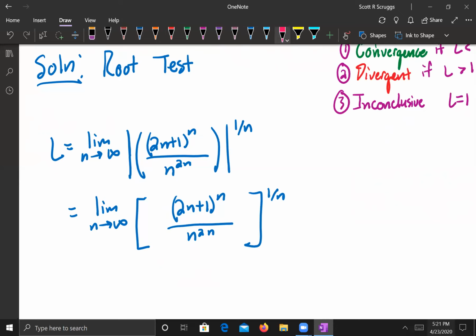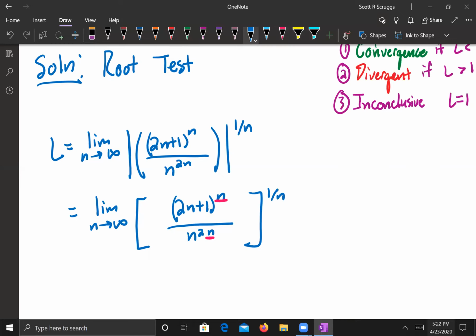And now here comes when I prefer to use the root test. I would prefer to use the root test if the terms in my series are being raised by the index of my series. In this case, the reason why I prefer the root test is because the terms in my series, both the numerator and denominator, are being raised to the nth power.